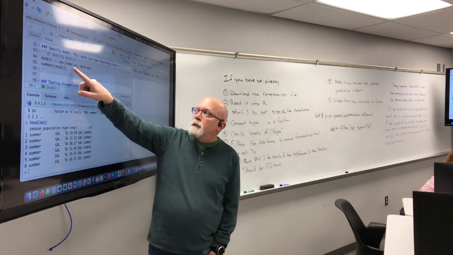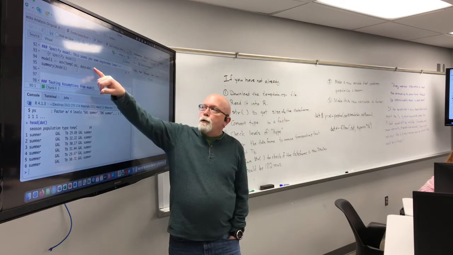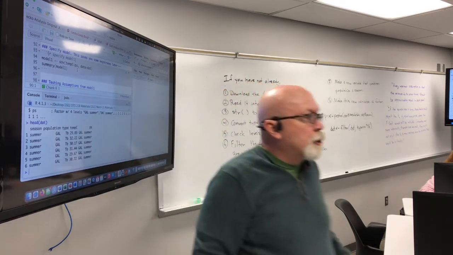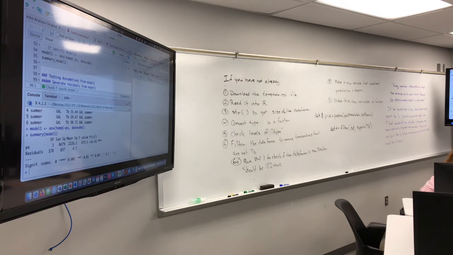For me, that's PS, and use the data frame DAT. And when you do that, and then you get the summary of the model, it should give you an analysis of variance table. So run those two lines. When you've done that and it worked, put up your blue tab, and if you do it and it doesn't work, put up your orange tab.